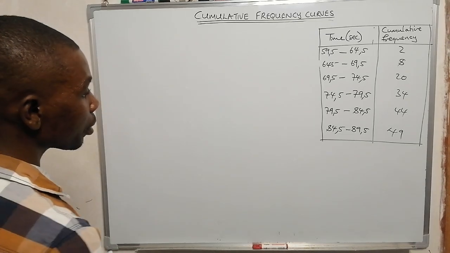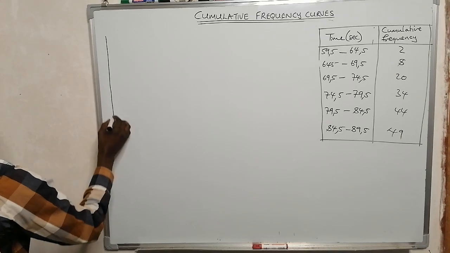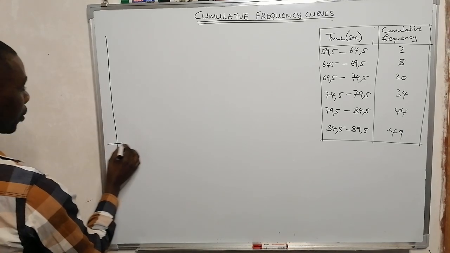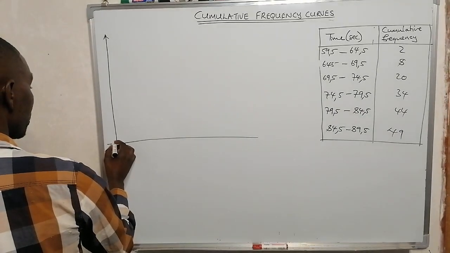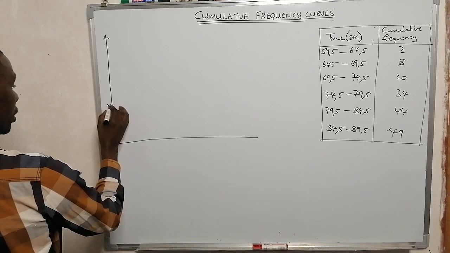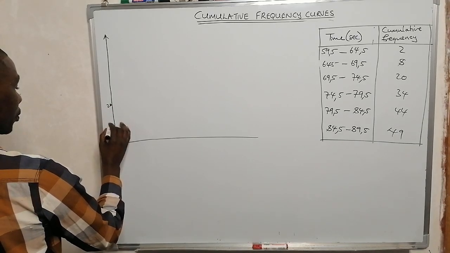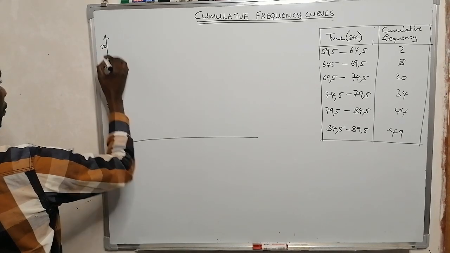Right, here we have cumulative frequencies, so we can use 10, 20 up to 50 here. 0, 10, 20, 30, 40, 50.